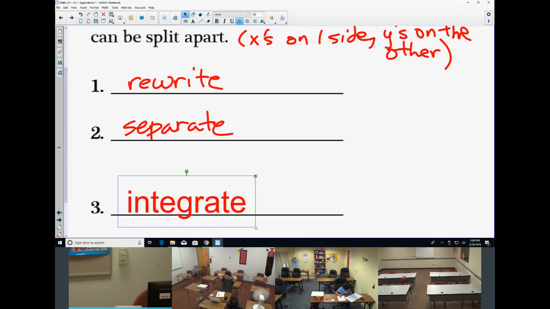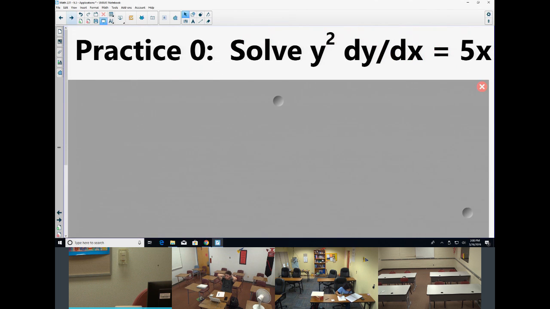All right. So let's see if you can remember how to do this. Okay. So see if you can separate the x's, put the x's on one side, the y's on the other, and then integrate both sides. So let's just see if you can remember how to do this.